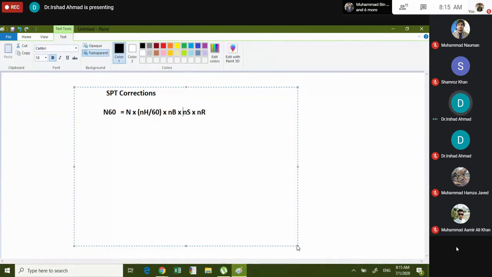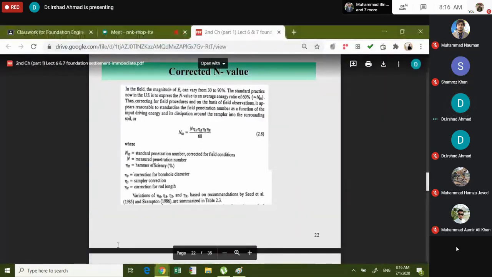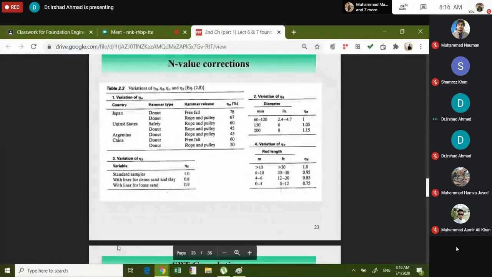Sometimes if you use a liner in the SPT sampler, you need the correction. If you don't use the liner and you use the standard SPT split spoon sampler, you don't need this correction. NR is the rod length correction. For rod length less than 10 meter, you require a correction, right? From where you would get this correction? These corrections you can have from this table.